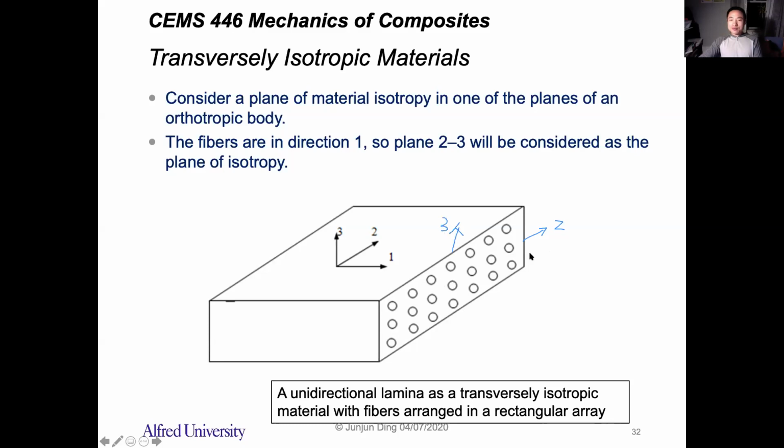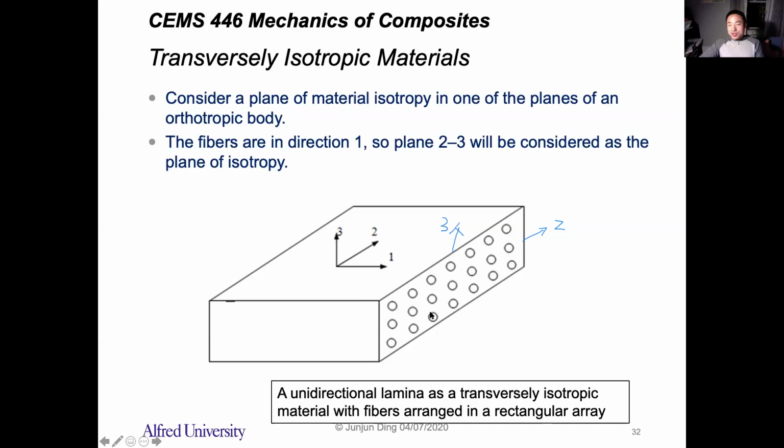In those directions, you can consider this is isotropic material if you average these physical properties. So the Young's modulus in the 2 direction will be the same as in the 3 direction, right? This is called the plane of isotropy. So this material is considered as transversely isotropic material.